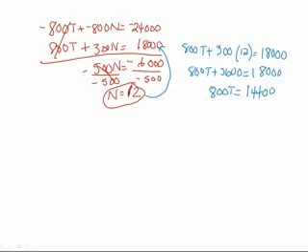And then we're going to divide by 800. And T is equal to 18. So there are 18 television ads.